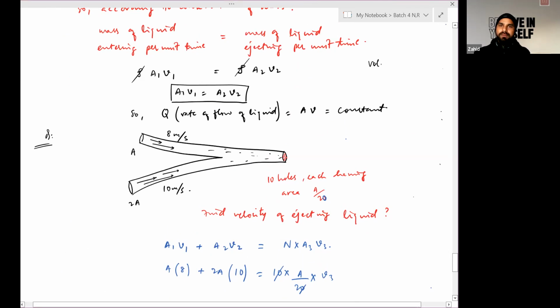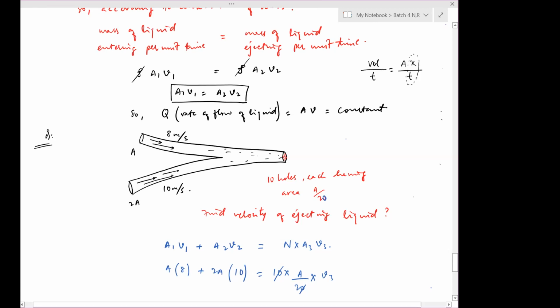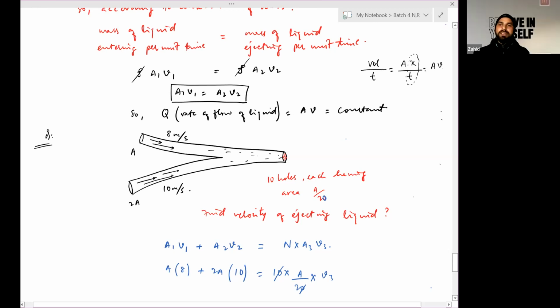So volume divided by time. We can write volume as area times length divided by time. This length per unit time is also called velocity. So it will be A times V, and this will be equal to Q. So Q is simply a physical quantity to define this entire motion of liquid.